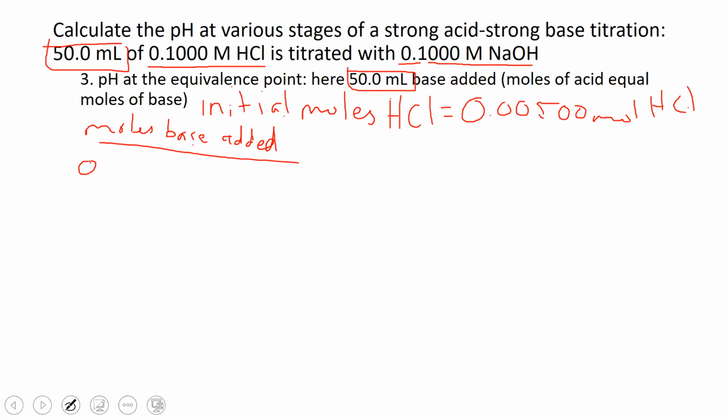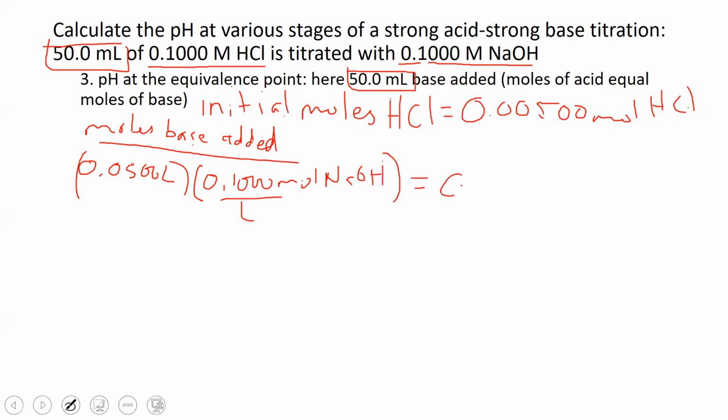We had our 50 milliliters, so 0.0500 liters of the base, multiplied by its concentration, 0.1000 moles per liter of sodium hydroxide. And we get a value of 0.00500 moles of NaOH. Since those two values are equal, we're at the equivalence point.